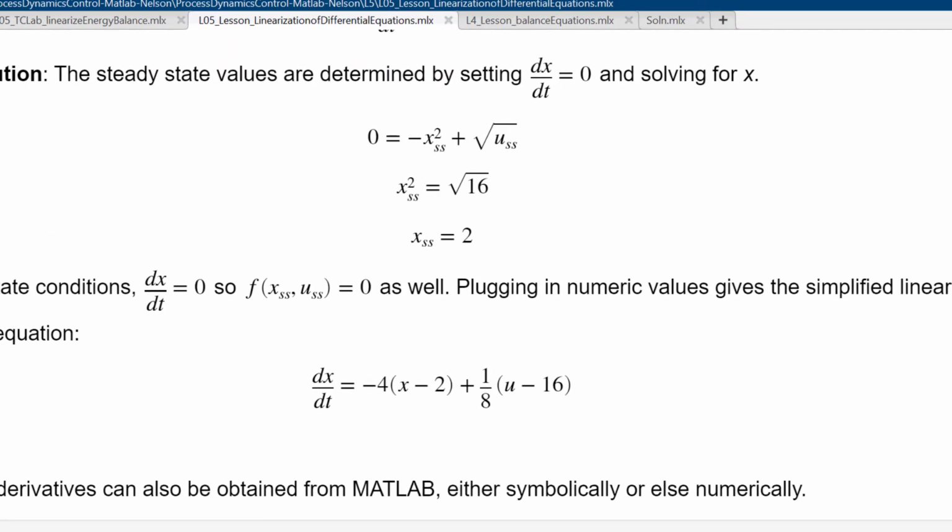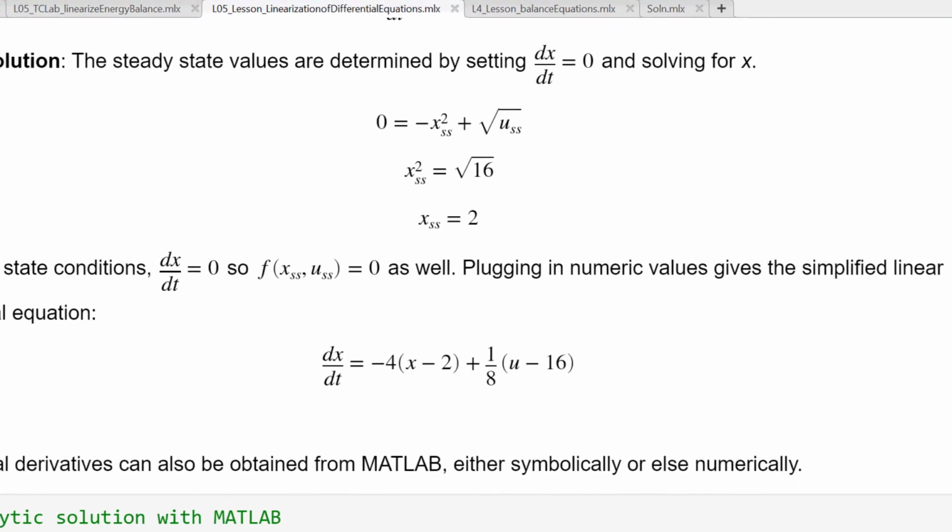Within part B, we're going to find a solution by setting dx dt equal to 0 and solving for x. That will allow us to find the steady state value of x. That's just finding the value that makes the change equal to 0. We do that by taking our equation. We know that u is equal to 16, and so now we solve for x, which should equal 2.